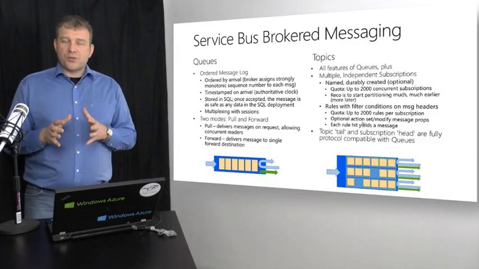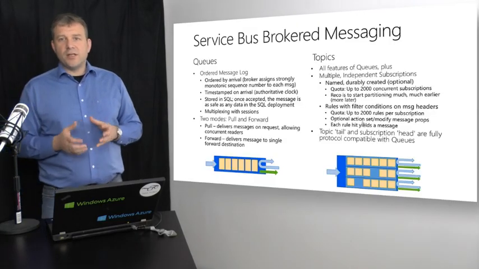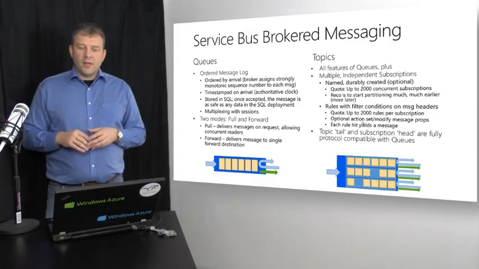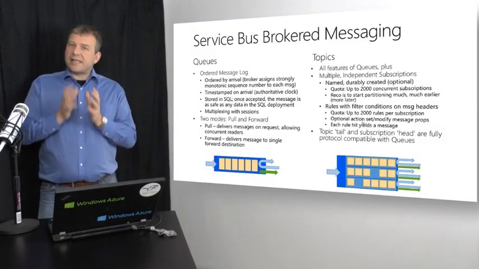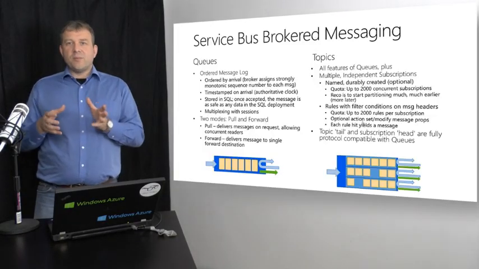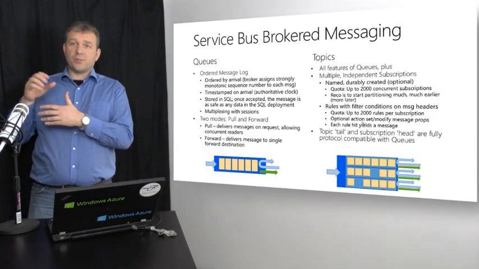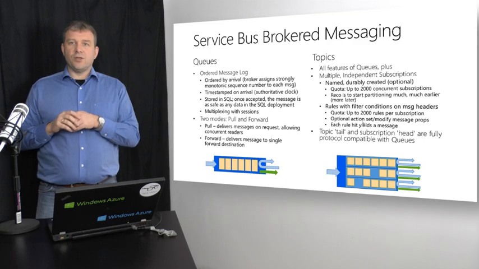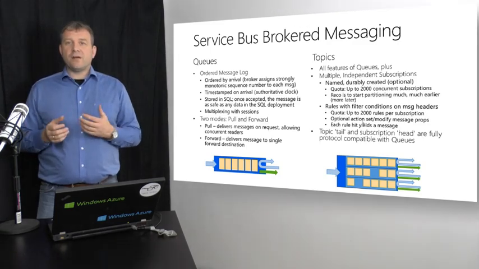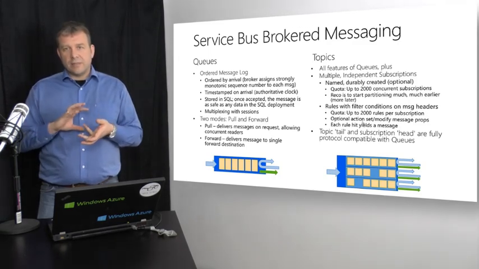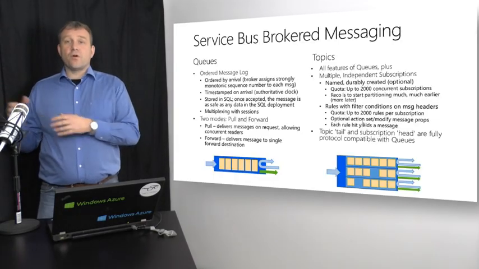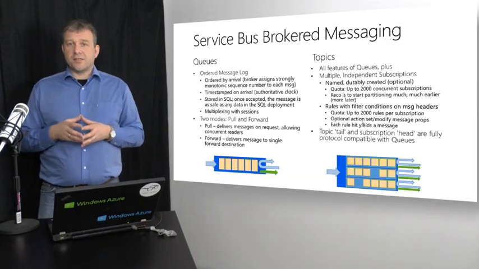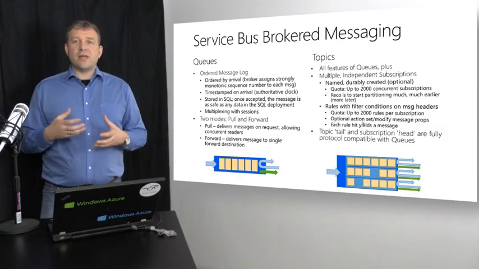From a protocol perspective, but also in how you can deal with them from a program, the topic tail, where you enqueue messages, looks exactly like a queue, and the topic head, the subscription head to be precise, also looks exactly like a queue, and they're protocol compatible. And we have anonymous data classes in the SDK, and that's also true for most of the other language SDKs, and also true for the protocol, where you can receive messages independent of what that entity is.